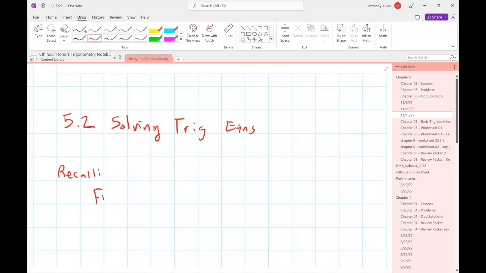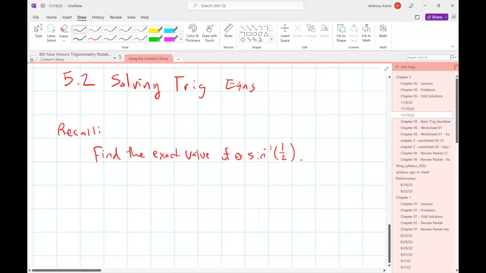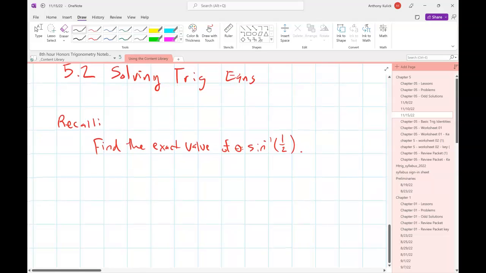So remember in last chapter we asked you to do things like find the exact value of theta equals sine inverse of 1/2, right?